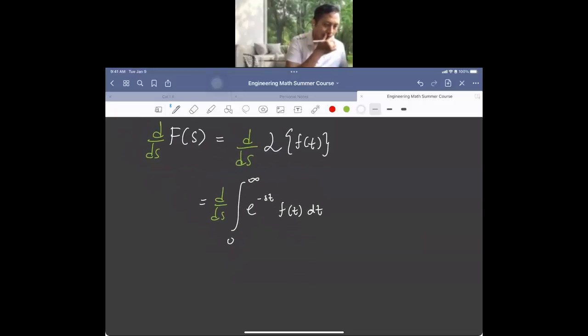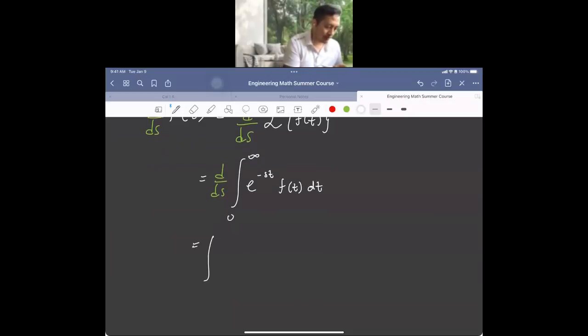And then, if you're looking here, we can write this, and let me write with Leibniz notation, because we have s and t inside. So e to the negative st f of t dt.